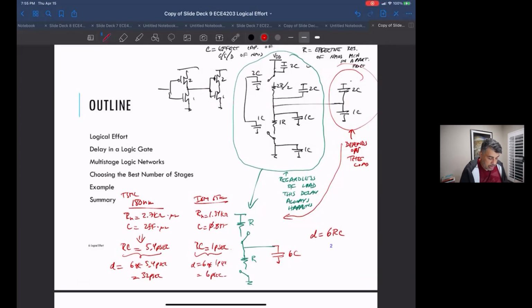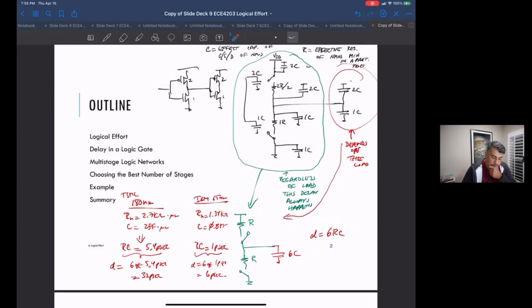So this is what makes this analysis nice, because you're just thinking about what your logic looks like, and you come up with these equations. Now, if this was a NAND gate driving another NAND gate, it would have a different delay equation, as we'll see. It would be something a little bit different.